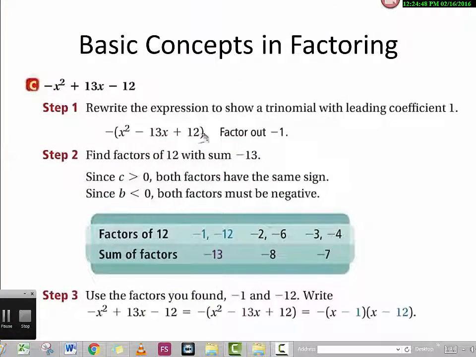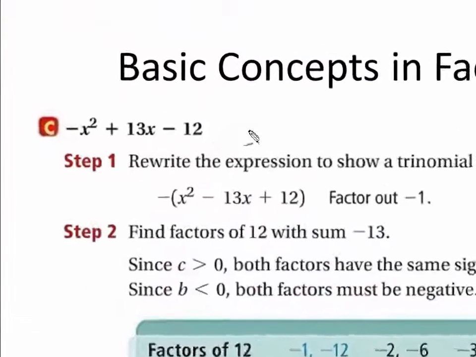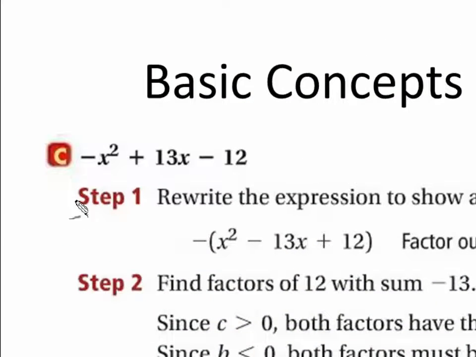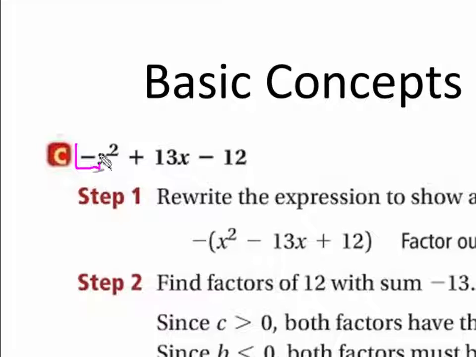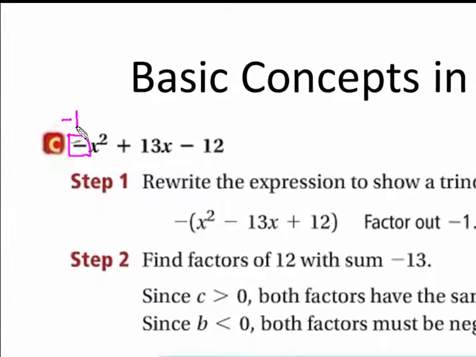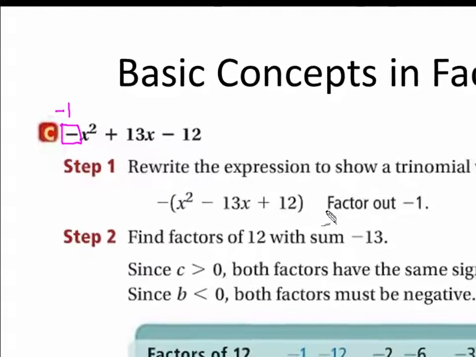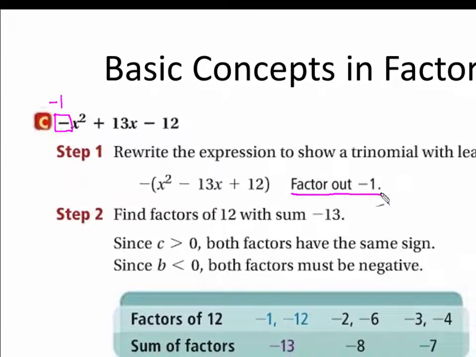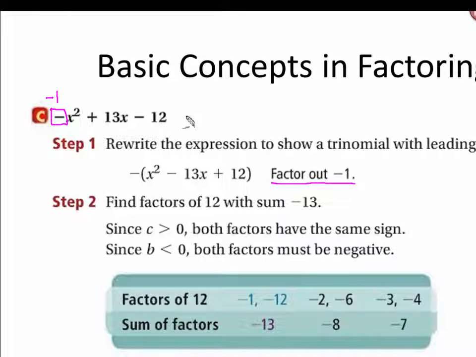Here is another example. This one is a little bit different from the one we did before because the value of a this time is -1. All we need to do is factor out -1 first, by doing -1 times x squared, because -1 times x squared equals -x squared.